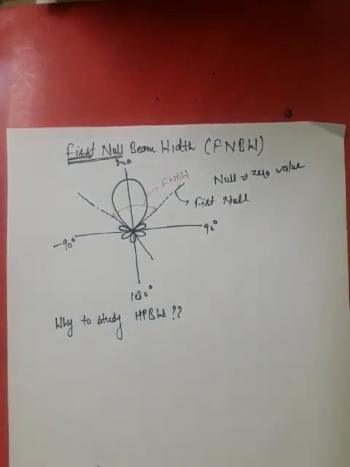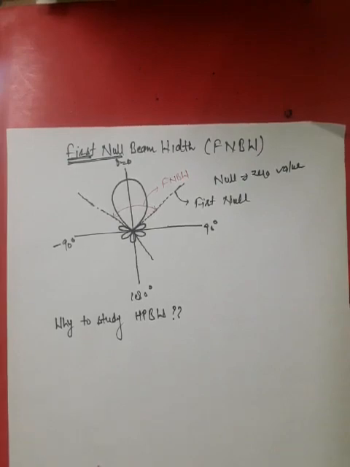What is the importance of this half power beam width, and what is the importance of this radiation pattern? When we were explaining radiation pattern, I told you that any receiver within the illumination area will receive the power. But is it true?